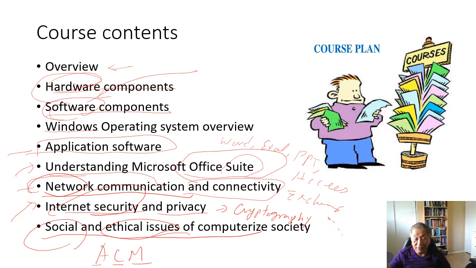Anything like that kind of bad behavior. That's the idea about social and ethical issues in a computerized society. So this is also very important, and the last chapter of the textbook is talking about these social and ethical issues.